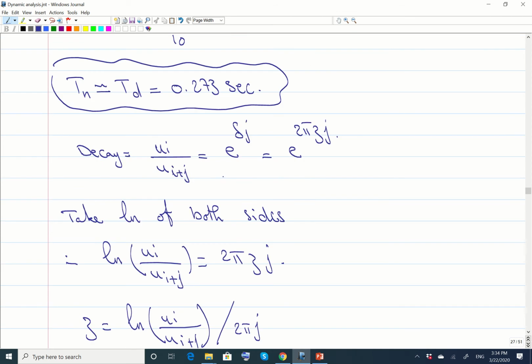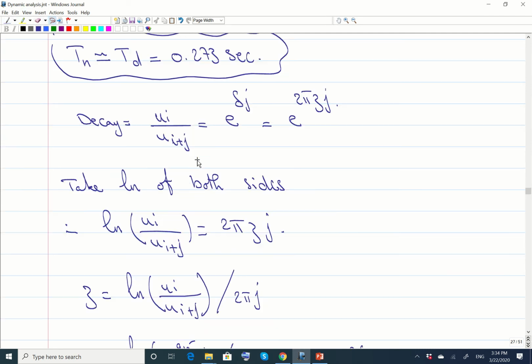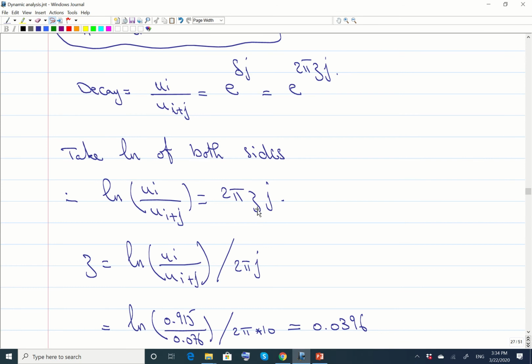So now, if we take the ln of both sides, ln of ui divided by ui plus j is equal to 2 pi zeta j. So now, if I want to find zeta, just have it on one side of the equation.